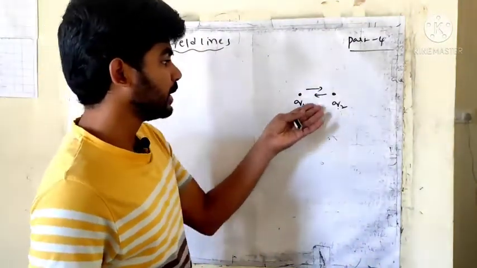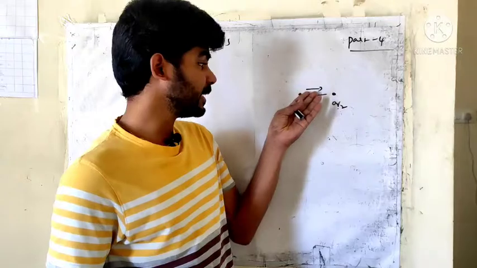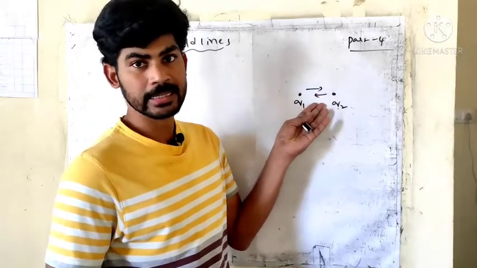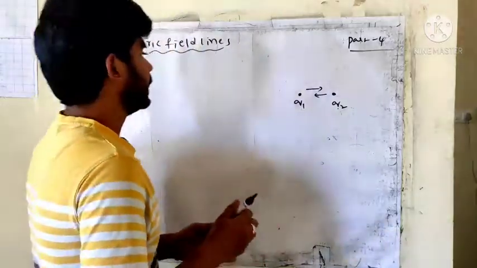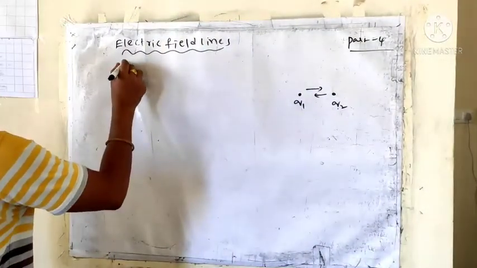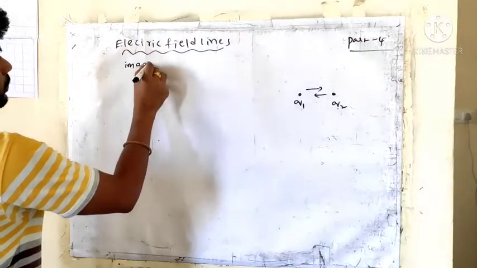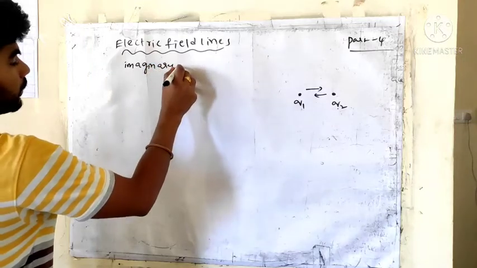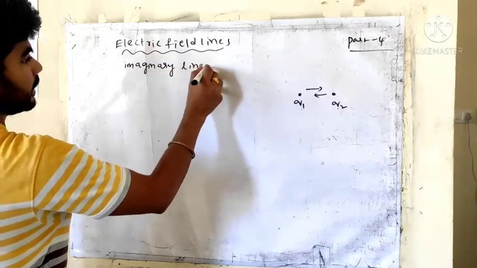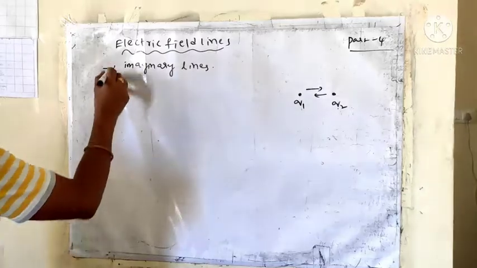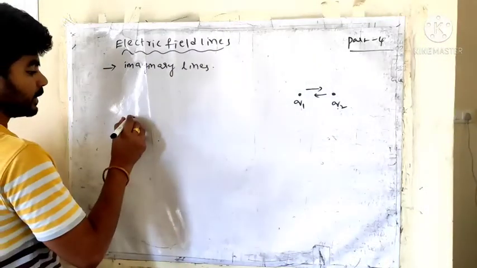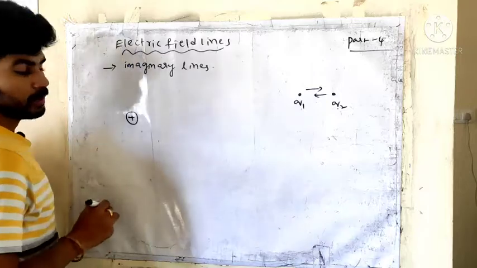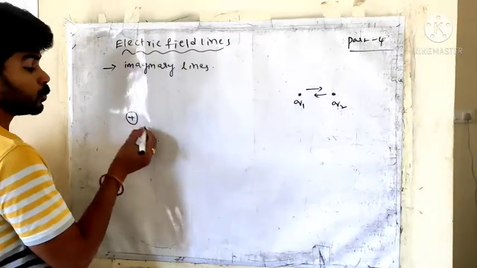Actually we cannot see these field lines, that's why electric field lines are imaginary lines. For suppose here I am taking one positive point charge.